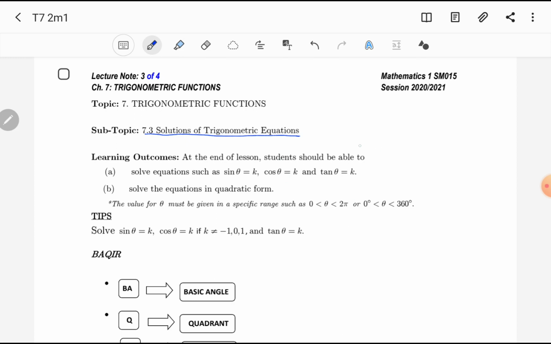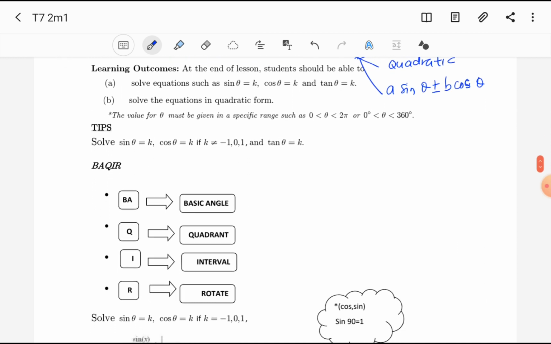First is the single ratio form, second is the quadratic form, and the last is in the form of a sine theta plus minus b cos theta. So we have three types of equations. Okay, so we go to the first one.